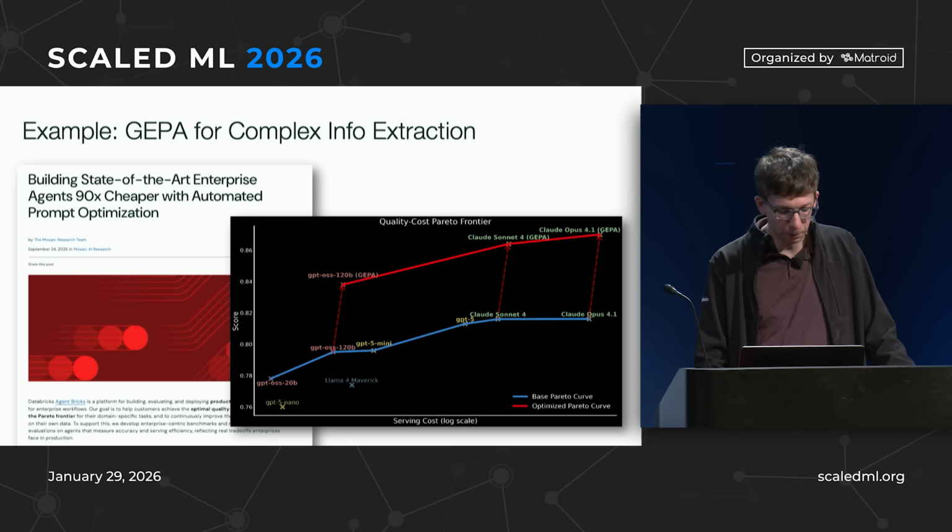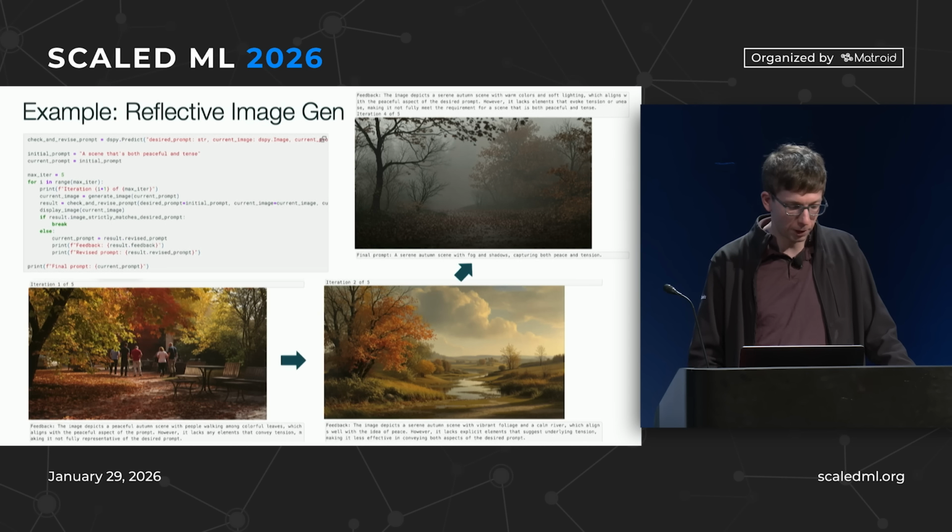So that's an example. Another cool example is the multimodal one. Here's a very simple one. When you ask an LLM to generate an image, usually it's creating a prompt for a text-to-image model. So we actually got an LLM to, when you ask it for something, like here it's asking for a scene that's both peaceful and tense, keep repeating, looking at the past prompt it had and the past image, and then editing the prompt to try to produce a better image.